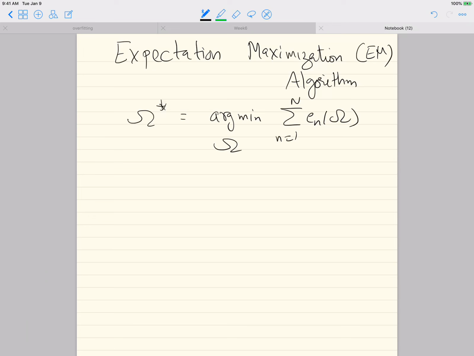There will be two sub-problems, both of which are easy to solve. And if we iterate between those two, we will then converge to a global optimum. So it's the same principle. We'll introduce two sub-problems, both of which are not too difficult. They can in fact be solved exactly. And then we will iterate between the two, which will solve the original problem.